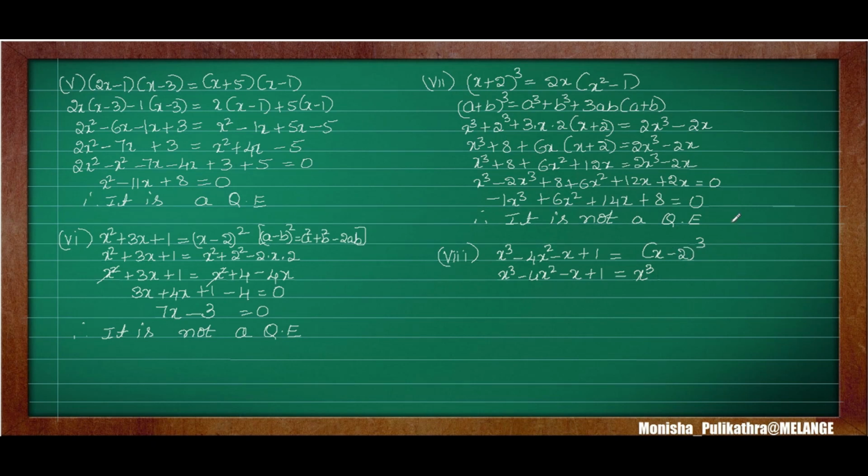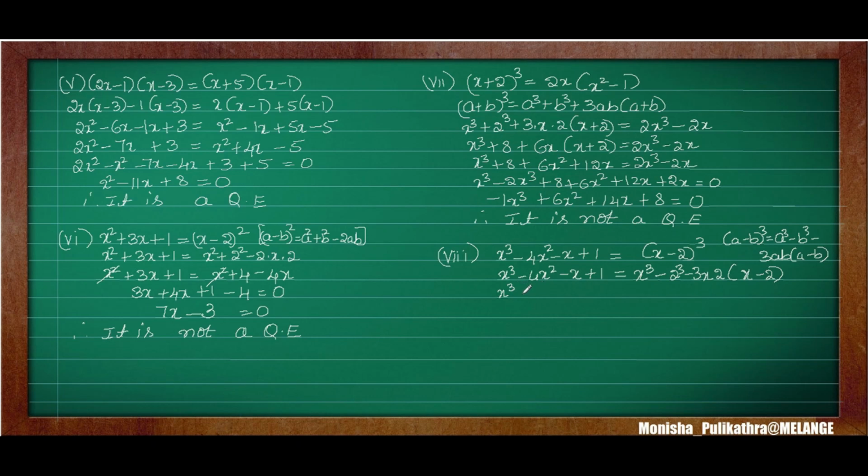So (a − b)³ will be in the form of a³ − b³ − 3ab(a − b). Everything you have to write with minus in the case of (a − b)³, and everything in plus form if it is (a + b)³. So a³ − b³ − 3ab(a − b).